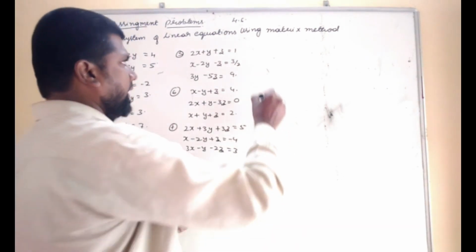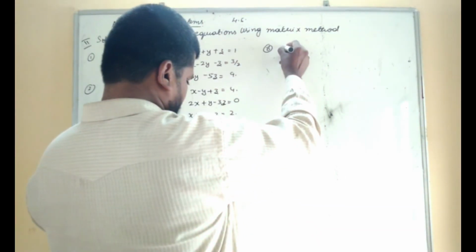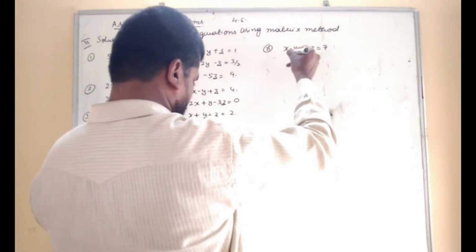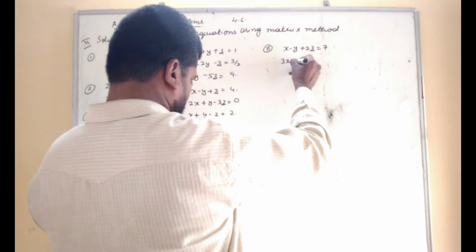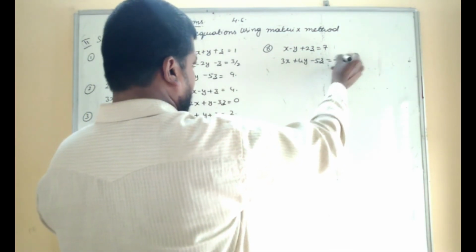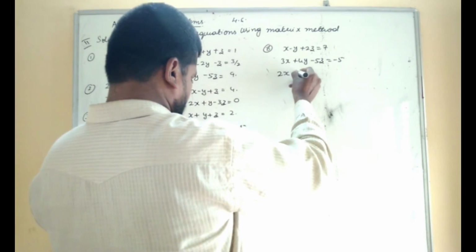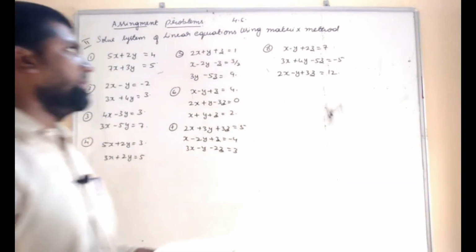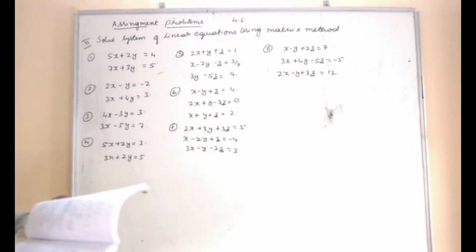Then the eighth one is x minus y plus 2z is equal to 7, then 3x plus 4y minus 5z is equal to minus 5, then 2x minus y plus 3z is equal to 12. So these are the problems on the matrix method you have to solve.